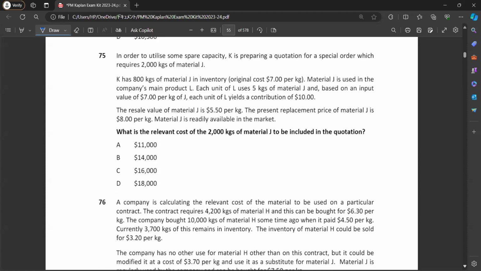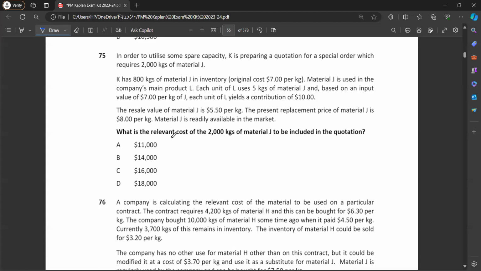Material J is used in the company's main product L. Each unit of L uses 5 kgs of material J, and based on an input value of $7 per kg of J, each unit of L yields a contribution of $10. The resale value of material J is 5.50 per kg. The present replacement price of material J is $8 per kg. Material J is readily available in the market.